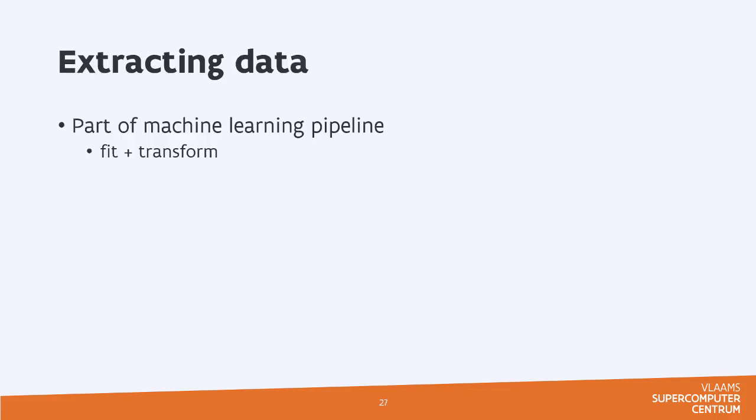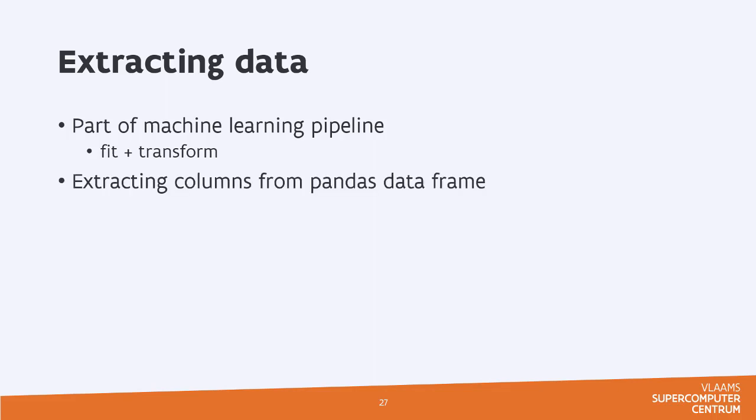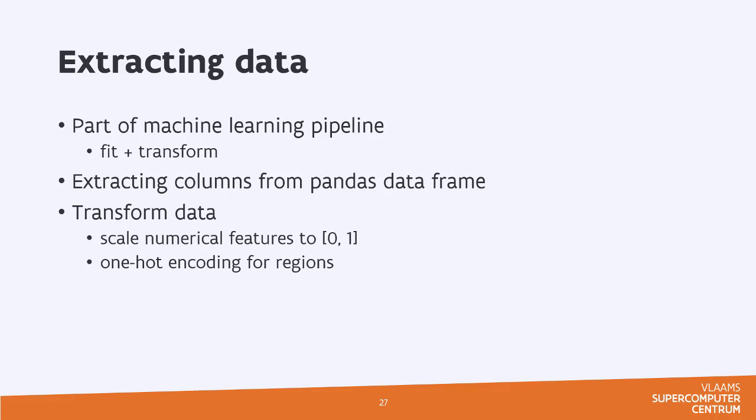So of course the first thing we need to do is to extract data, and each part of a machine learning pipeline will have a fit and a transform. So what we need to do first is extract columns from a pandas data frame, because the data frame actually has more columns than we are interested in for the current task. So we also need to transform the data.